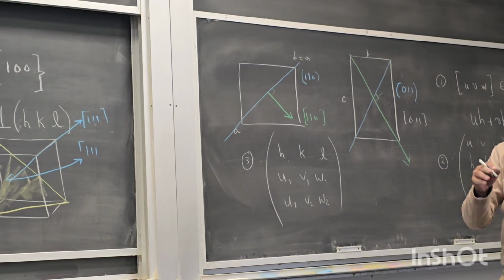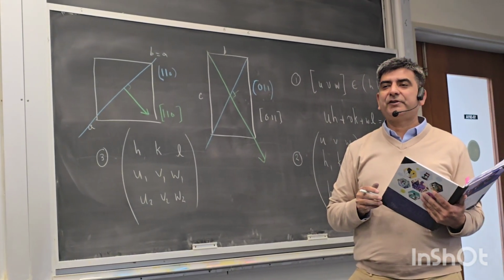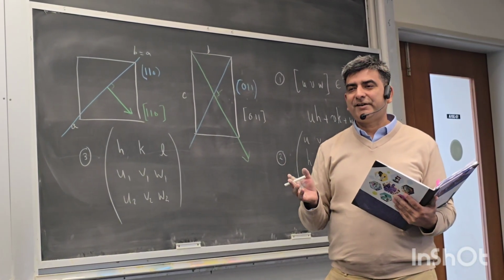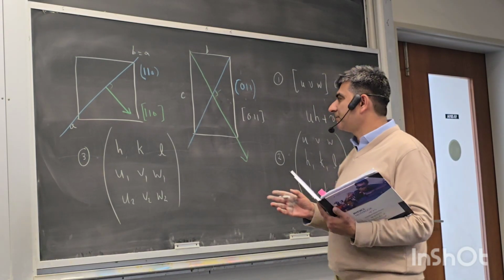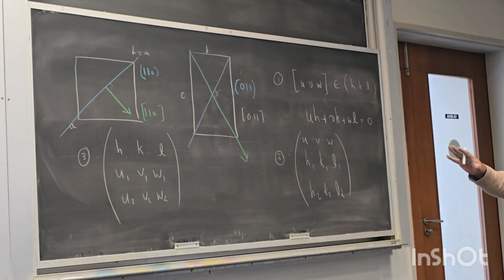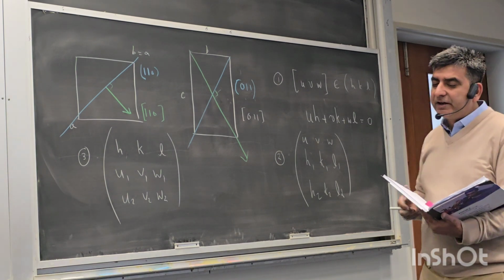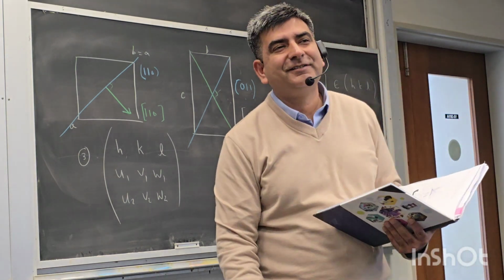You can have multiple planes, more than two planes. You can have 3 planes that also intersect. Let me give you one example of that. So these are geometrical considerations. You just need to note them down and apply them. These come out from simple geometry. You can find whether 3 directions are coplanar or not.